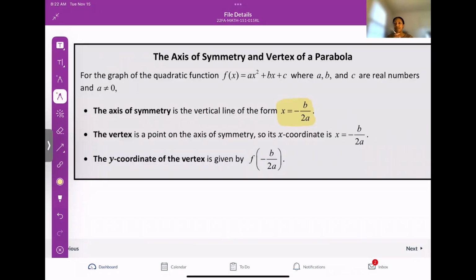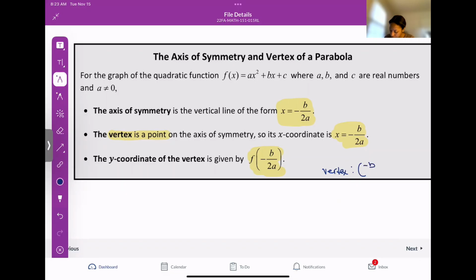And then what else does this give you? This also tells us the x coordinate of the vertex. The vertex is a point, so it's going to have an x coordinate and a y coordinate. But once you find that axis of symmetry, that also tells you what the x coordinate of the vertex is. And then how do we find the y coordinate? Take whatever you get for x, plug it back into the function, and we get the y coordinate, f of negative b over 2a. So the vertex is going to be a point that will look like this.